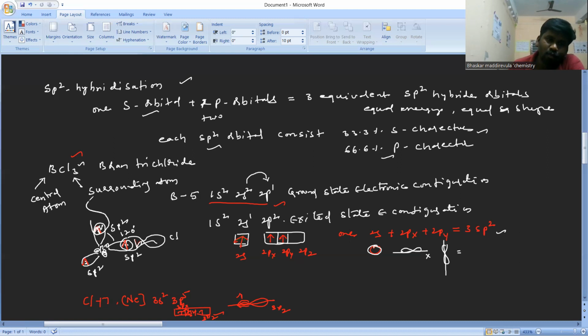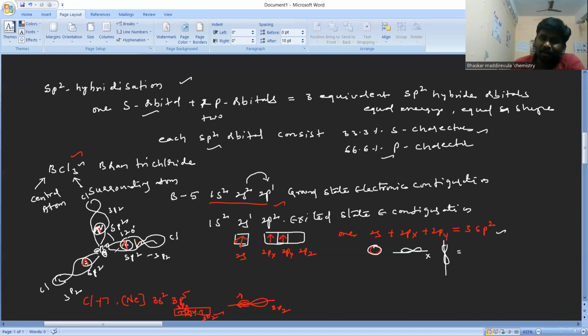Here one chlorine overlaps like this, and here one more chlorine overlaps the sp2 hybrid orbital with its 3pz orbital, the 3pz orbital of the chlorine.